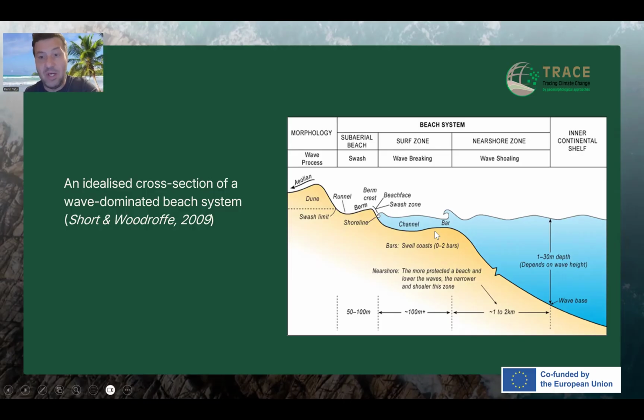Sometimes it's sandbars or other landforms. In between these two parts, the subaerial and submerged part, we have the shoreline, and the shoreline is very dynamic because it registers all the changes that happen both under the subaerial part and of the submerged part of the coast.